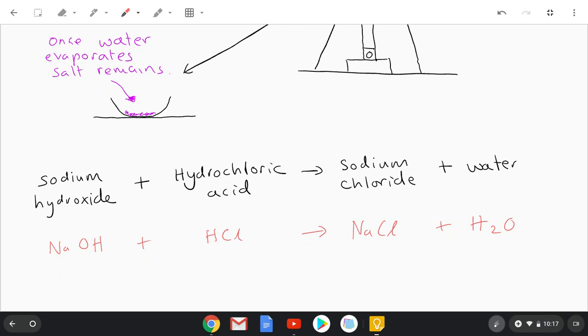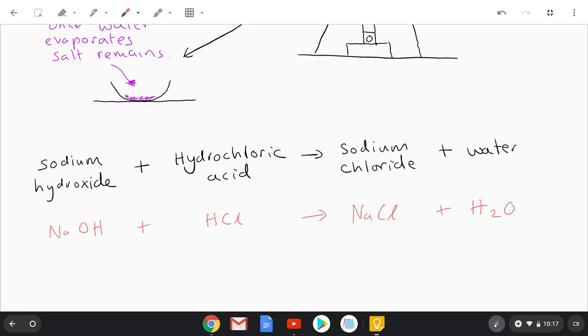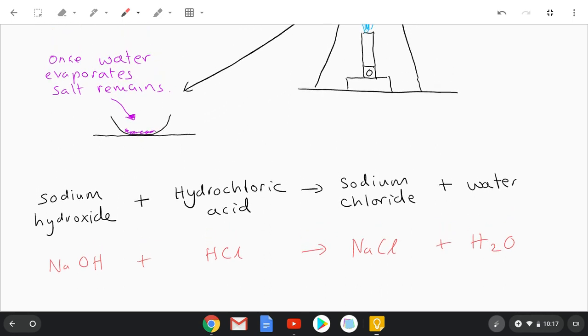And this does not need balancing because the number of atoms on the left is equal to the number of atoms on the right. One sodium, one chlorine, one hydrogen, that gives you two hydrogens on the right, one oxygen, and we have got that as a balanced equation.